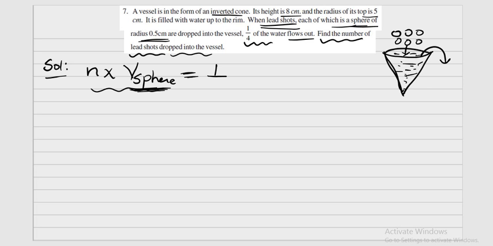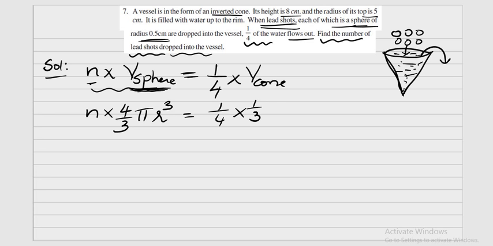So that means n into volume of sphere is nothing but equal to 1/4 of volume of cone. So from this, n into volume of sphere, which is 4/3 pi r cube, is equal to 1/4 into volume of cone, which is given by 1/3 pi r square h.